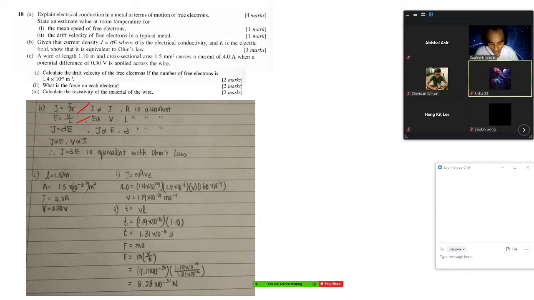So J is directly proportional to E, and V is directly proportional to I. This is equivalent to Ohm's law.